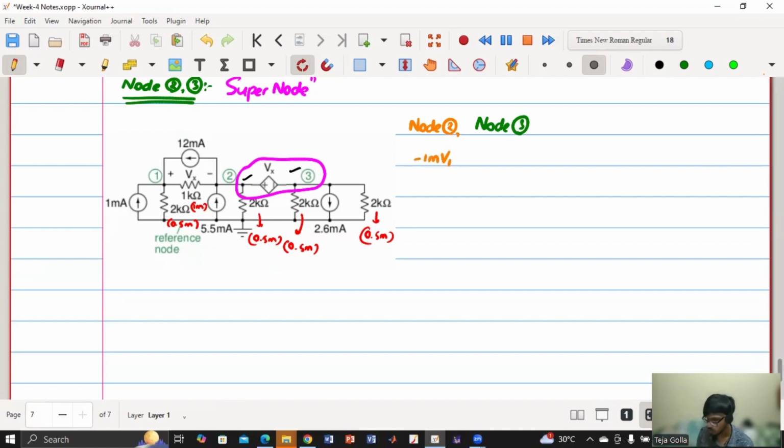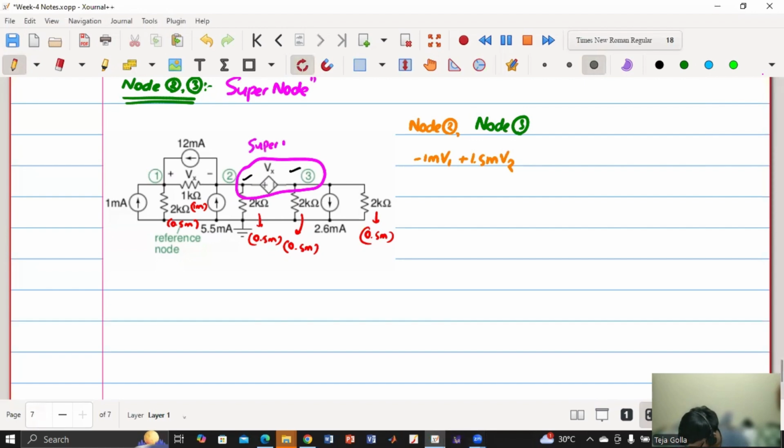And A22, the summation of the conductance at node 2, is 1.5 plus 1.5 milli V2. So that completes node 2. Yes, Fagim, you're also right, 1.5 and minus 1. Now node 2 is done because A23 doesn't make any sense, because 2 and 3 are the same node, which is the supernode here.